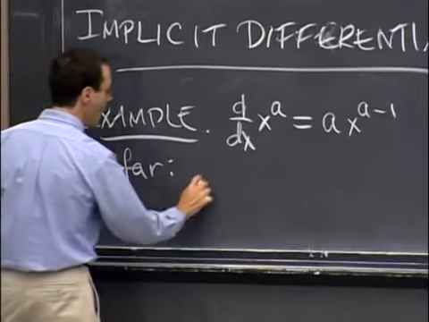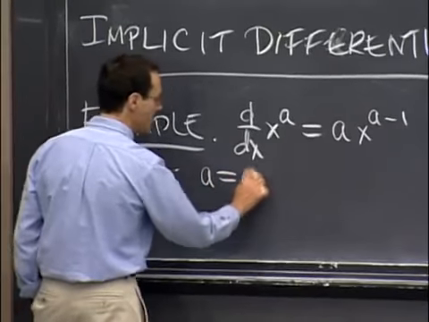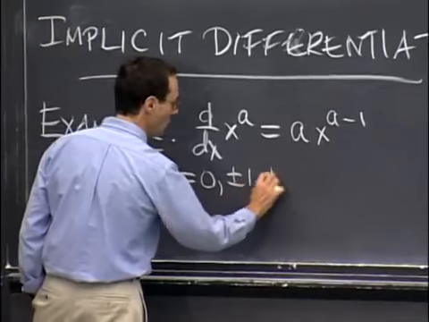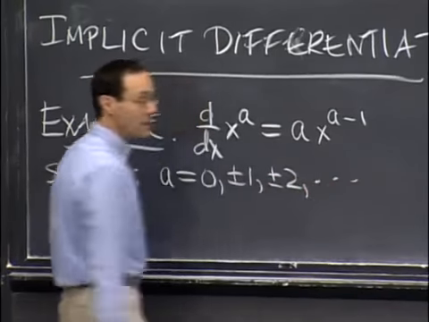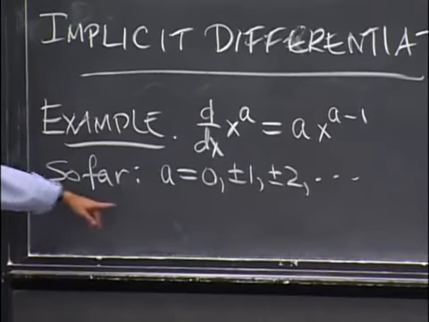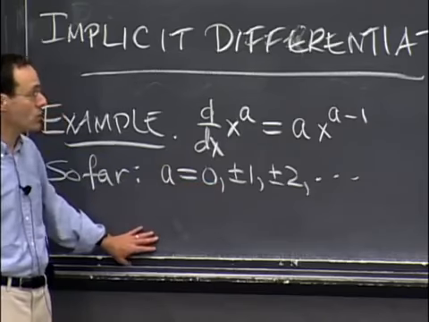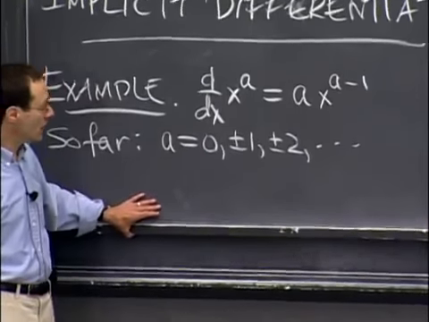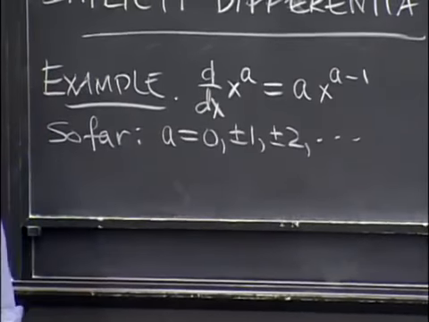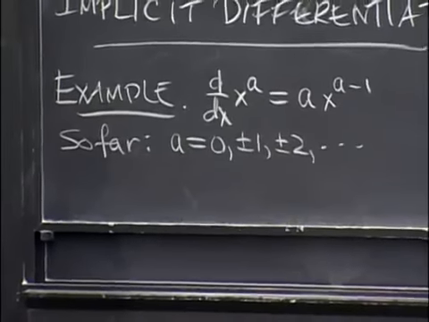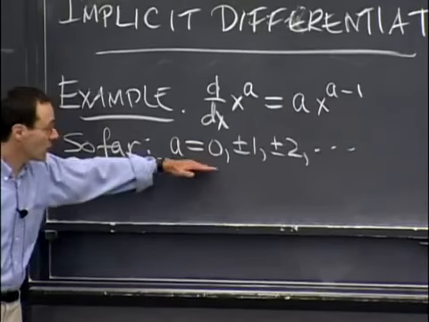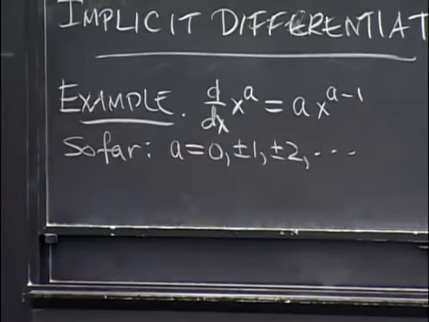What we've got so far is the exponents 0, plus or minus 1, plus or minus 2, etc. You did the positive integer powers in the first lecture, and then yesterday, Professor Miller told you about the negative powers.